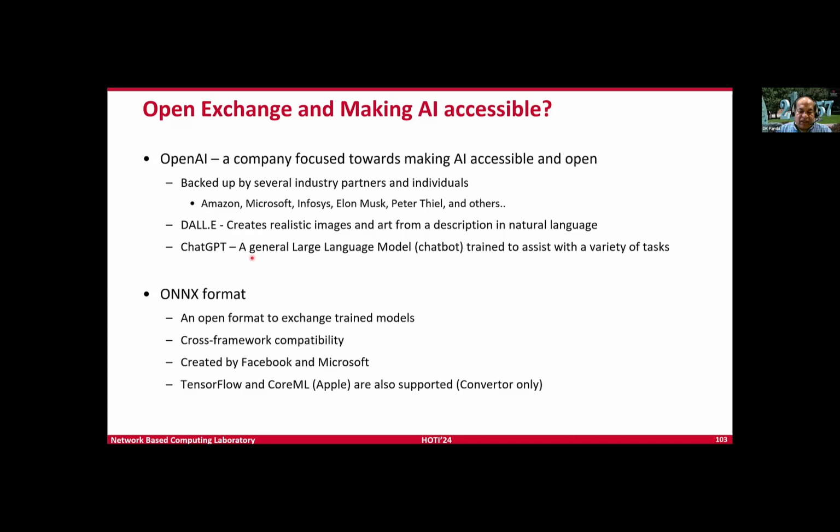Of course, ChatGPT has come. There has also been some work called the ONNX format, because as the frameworks are changing over the years, systems are changing. Let's say you had already trained your model using one kind of framework, let's say TensorFlow.